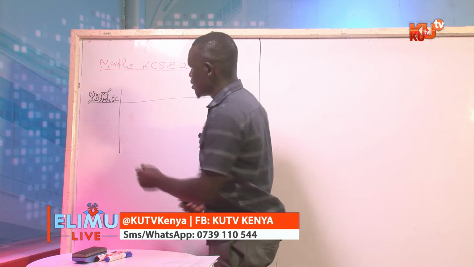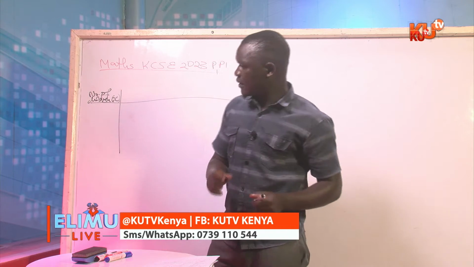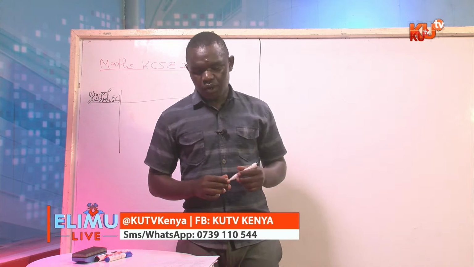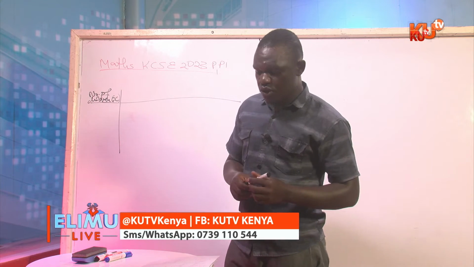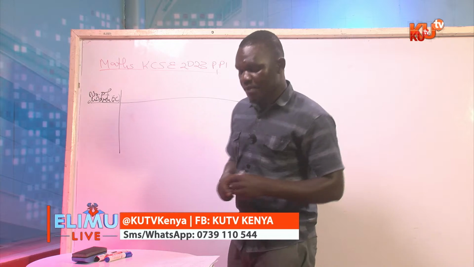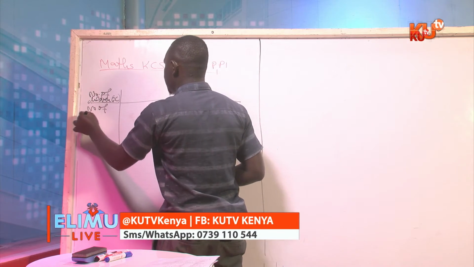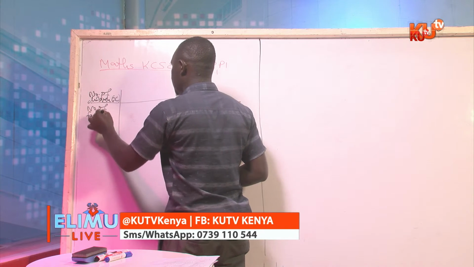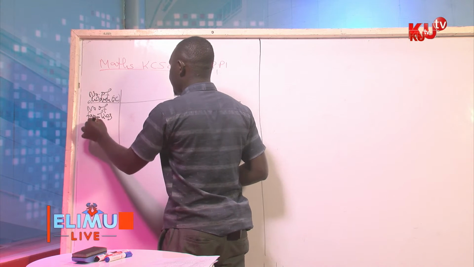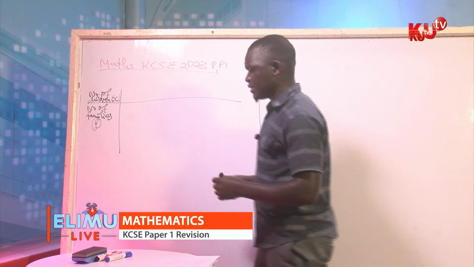That is X. Then we'll also have the row for the number of families. That will be F. That gives you the frequency.